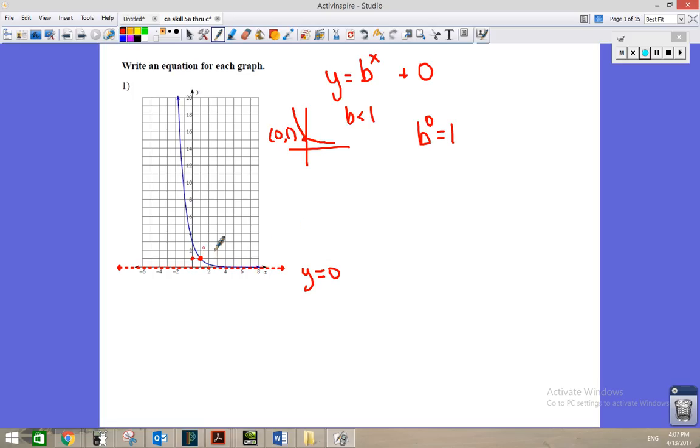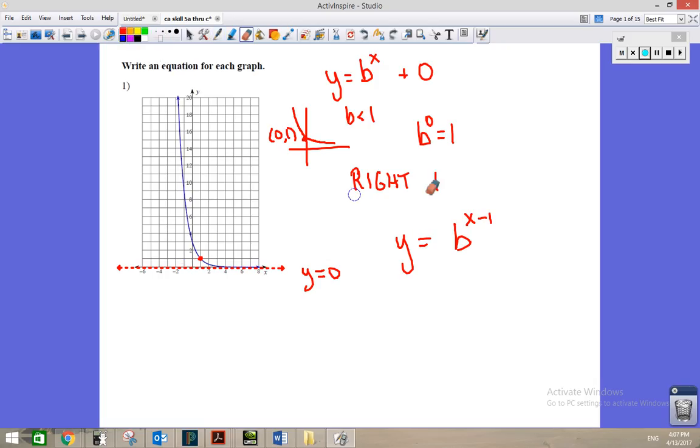What if this point got shifted to the right 1 unit? If we move right and left, that's adding or subtracting a value to x, and it's bizarre in its behavior. Even though we're moving to the right and we think of right being positive, we're actually going to subtract. So I believe what I have here is some base that is less than 1, and the exponent is x minus 1.